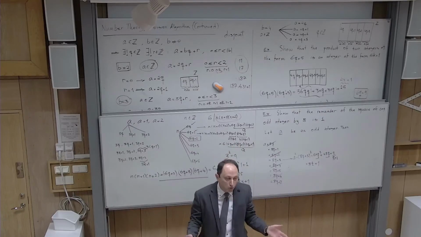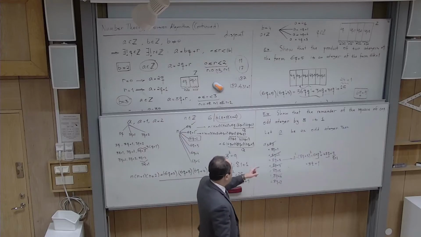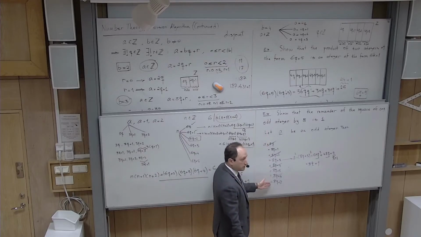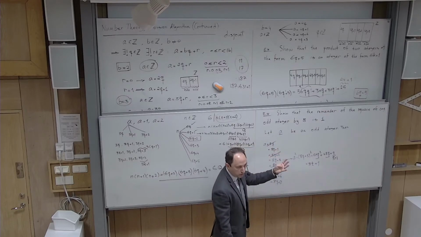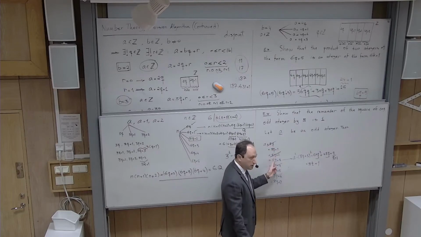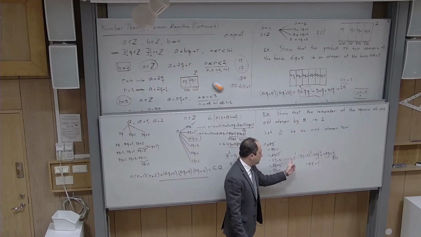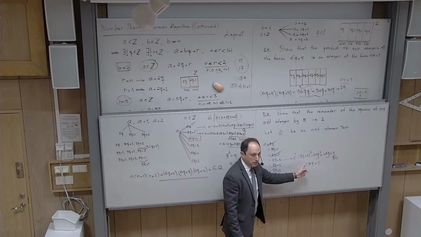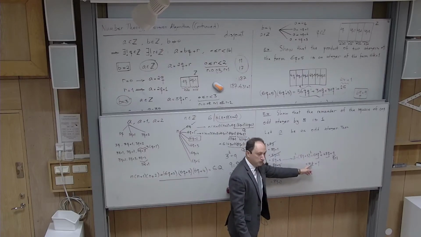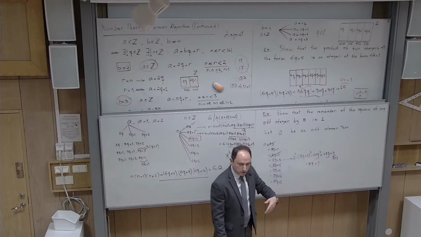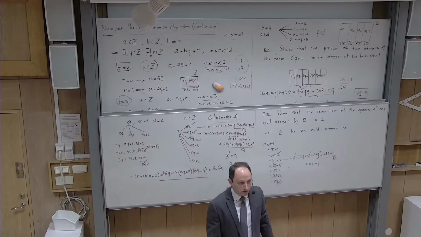Because these are the only possibilities. If I have an integer, I have 8 possibilities. Now I know something more. I know that a is an odd integer, so it means that I have only 4 possibilities. For each one of these possibilities, I should do some simple algebra like this and convince myself that at the end a squared is a multiple of 8 plus 1, which is doable. It's not hard. If you write this, that's completely okay.